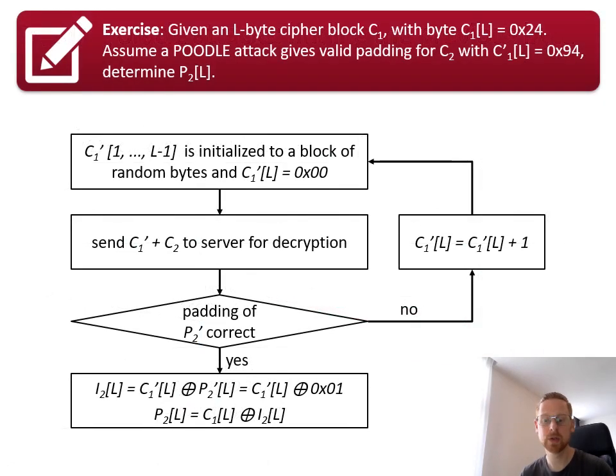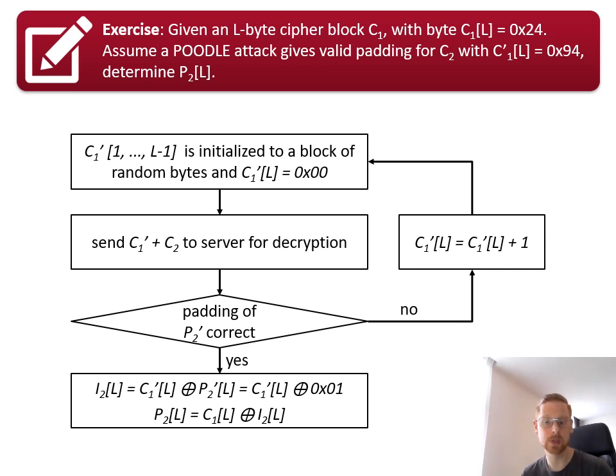To make sure everyone understands, I have a question for you, where you can try to run the POODLE attack to discover the last plaintext byte of a block C2. So given is the last byte of the previous block C1, which equals the hexadecimal value 24.